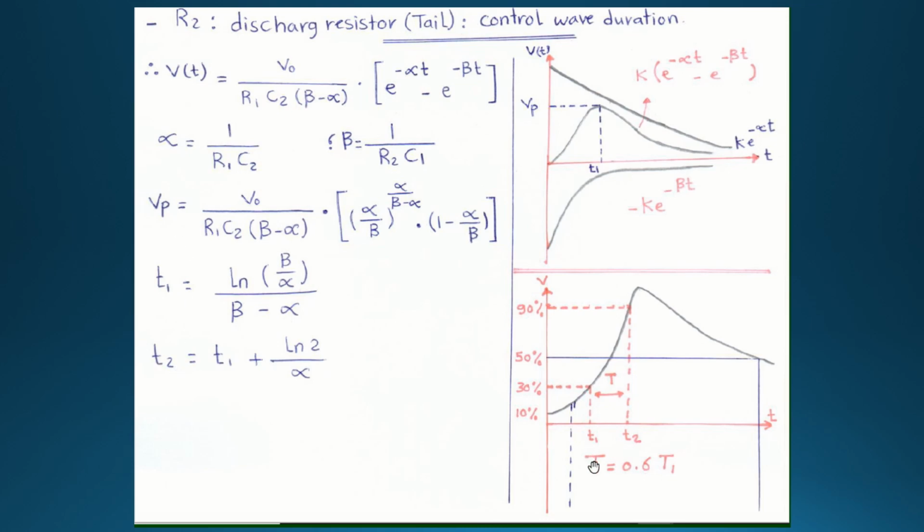So how much is T? The total T is equal to 0.6 T1. Why do we use this 0.6? If you calculate from 30% to 90%, all of this is T. Why do we multiply by T1? Because T1 is from here to here, from 30% to here. This is the value of T1.